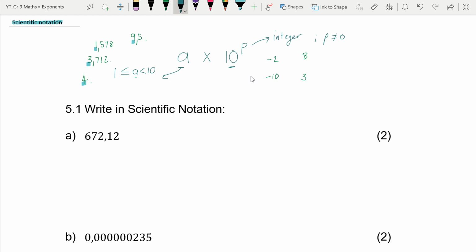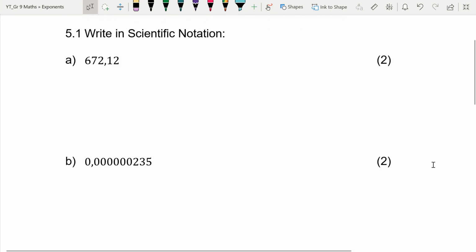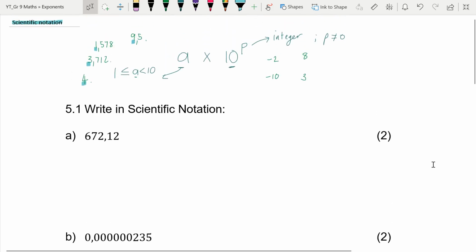Okay, so with this format in mind, let's go ahead and do some examples. Let's look at writing this number in scientific notation. What we want to do so that it fulfills the condition for a is to have the comma after the 6, before the decimal digits 72 and so on.